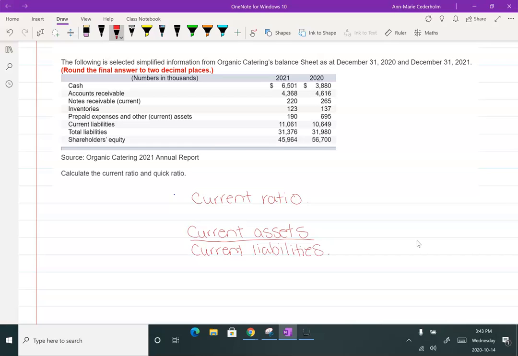And this is a ratio that we use to measure the liquidity of a company. So we're trying to see if the company can pay its current debts with the current assets that they have.